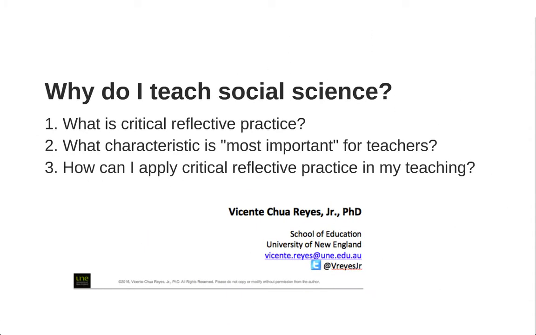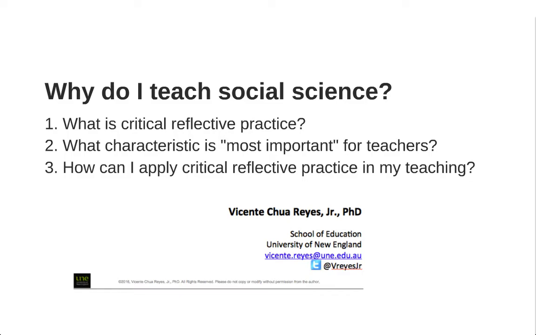So for this introductory lecture, we will be looking at the main question, why teach social science? And then we're going to take a look at three sub-questions. First, I'm going to introduce you, or for those of you who already know, reintroduce you to the idea of critical reflective practice.